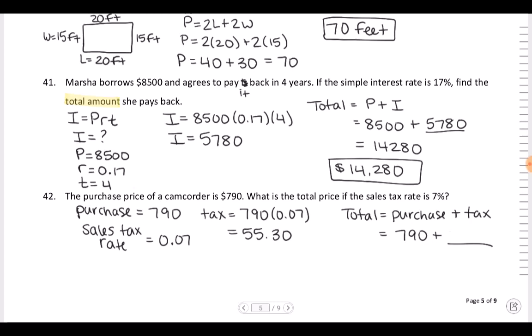So let's write that over here, and we'll need to add that on to the 790. So plus 790 equals $845.30. So let me put my dollar sign on it, $845.30. Okay.